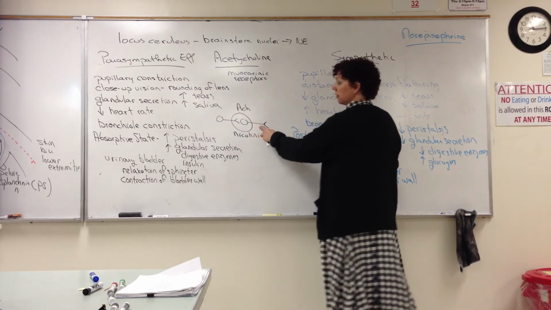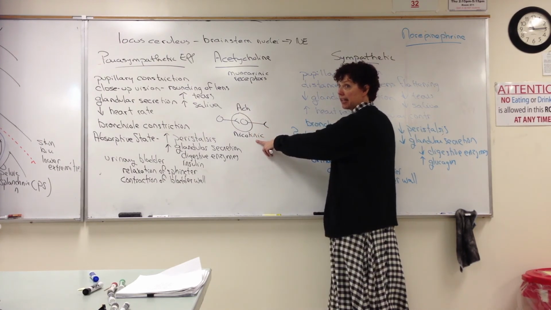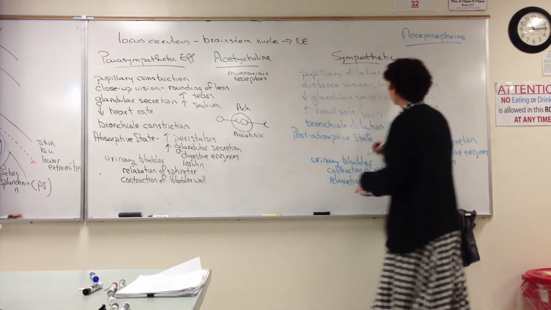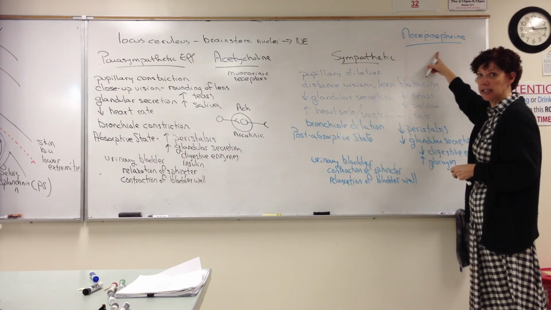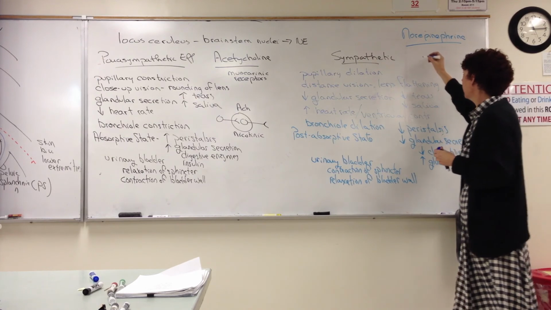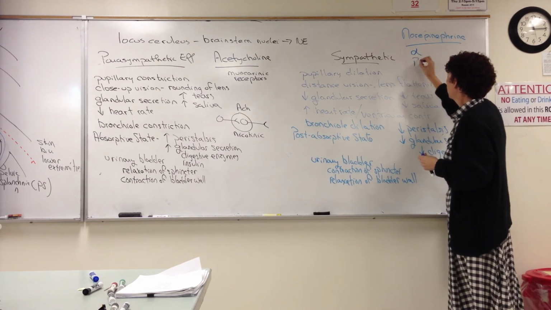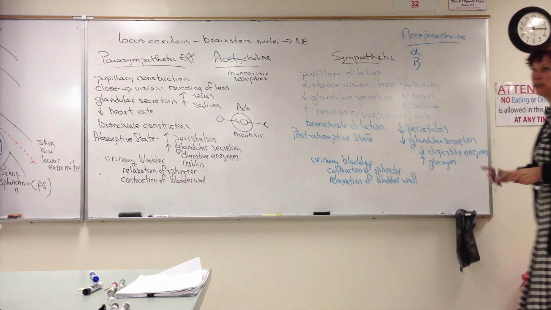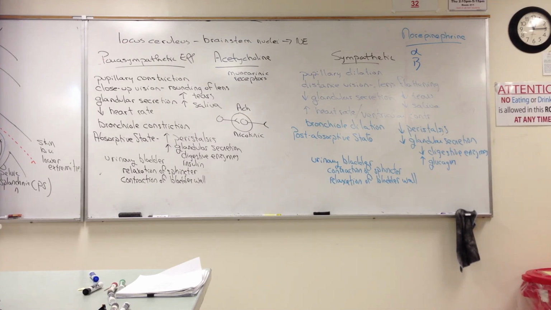Still going to be acetylcholine and nicotinic at its preganglionic. But at the organ, it's going to be norepinephrine. And as we'll see today, we talk about two different types of receptors, alpha and beta. And that's what we're moving towards today.